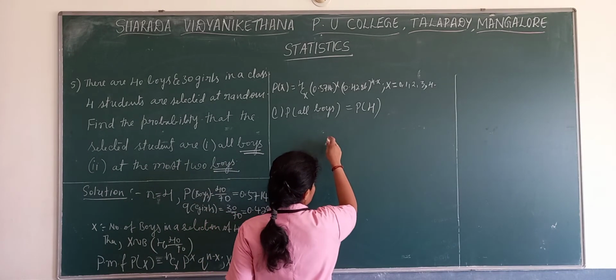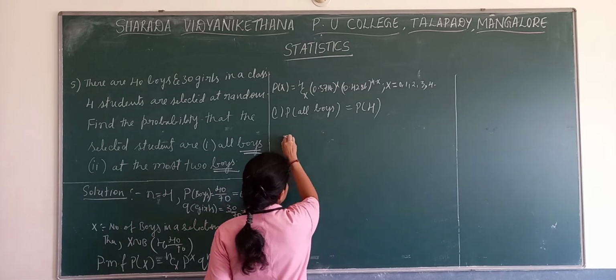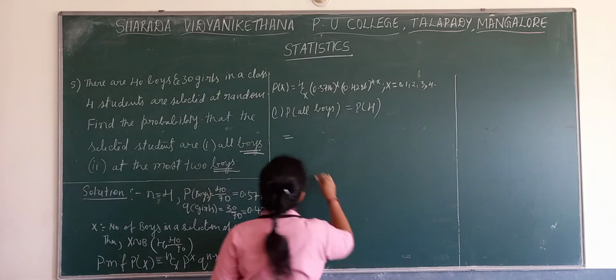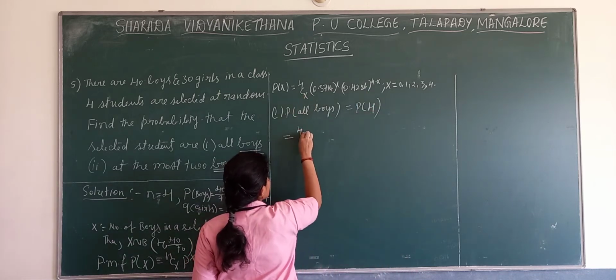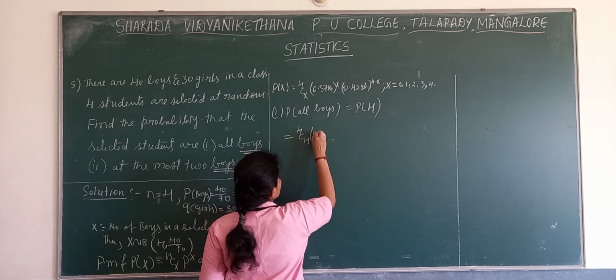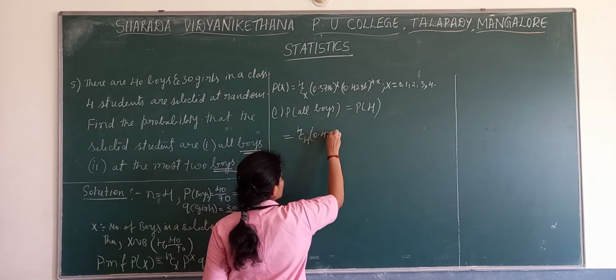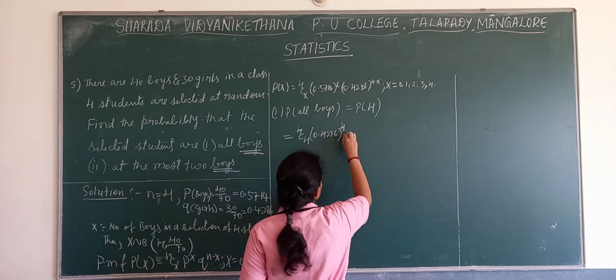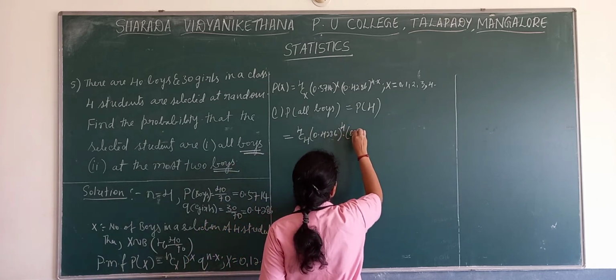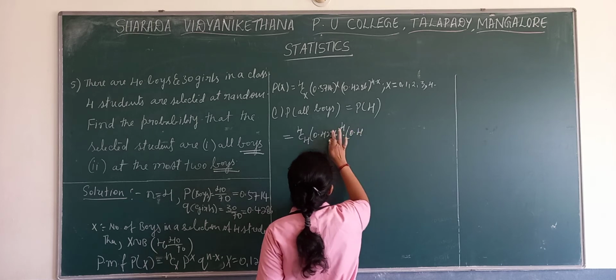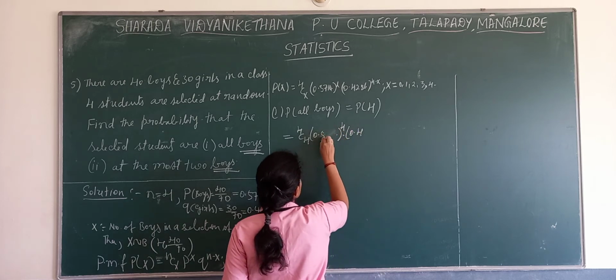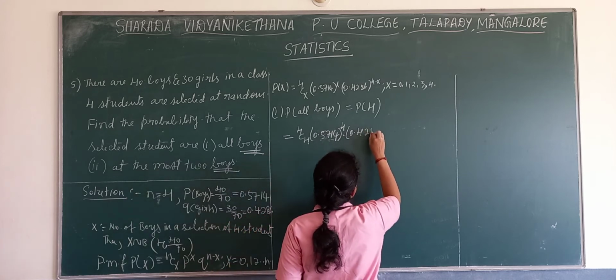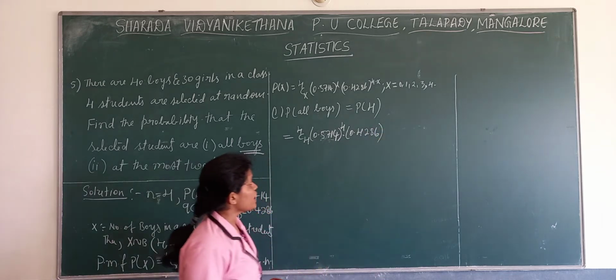Now substitute 4 in the place of x. Now here 4C4 into p, 0.5714 to the power 4, into q, 0.4286 to the power 4 minus x.